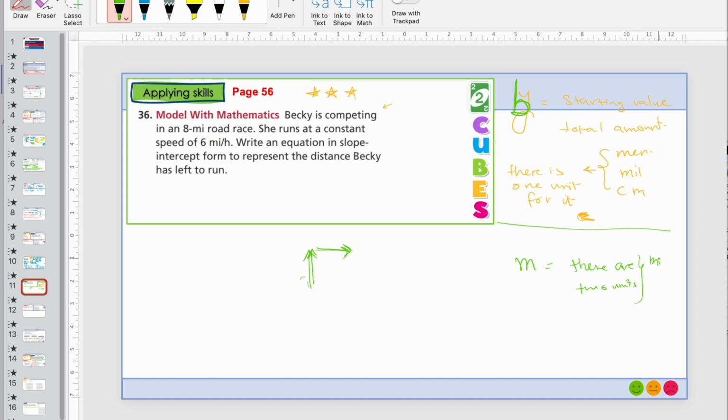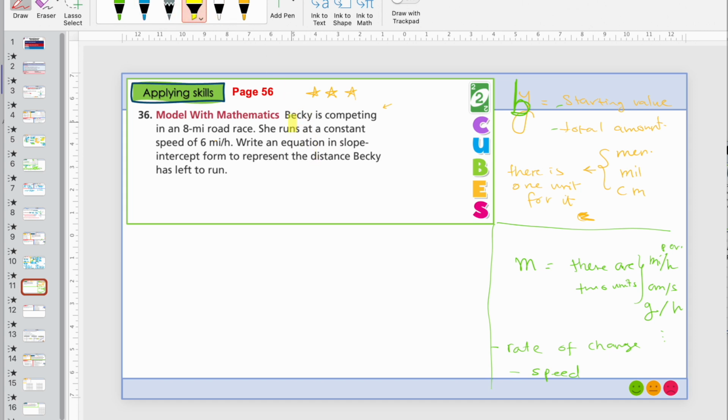Maybe miles per hour, centimeter per second, gallons per hour, whatever it is, there's a per in the middle. And it's always representing the rate of change or the speed. These are some main keywords for the slope, and these are the main keywords for the y-intercept. It's a good idea to keep them in mind while you are solving problems.